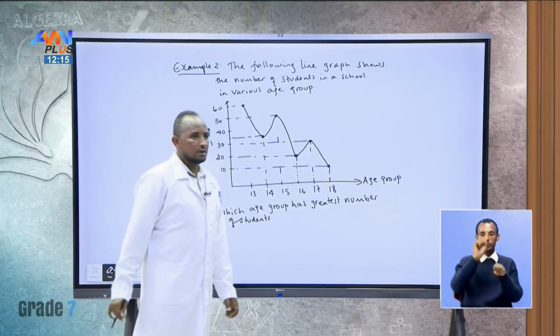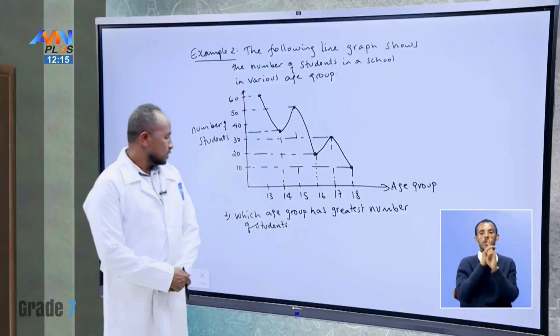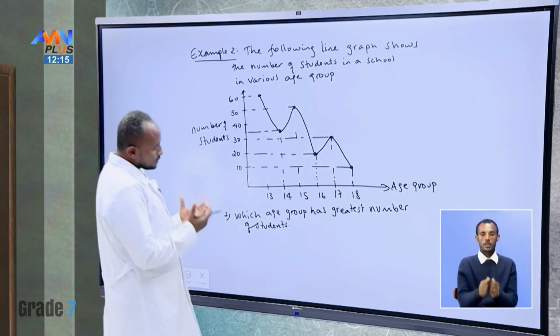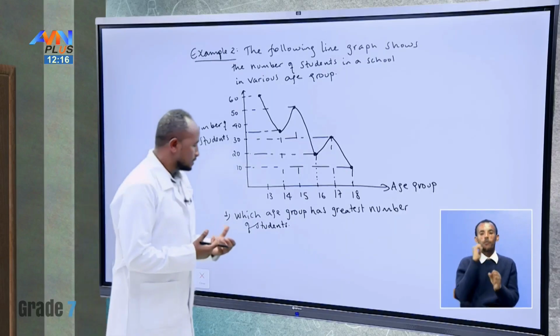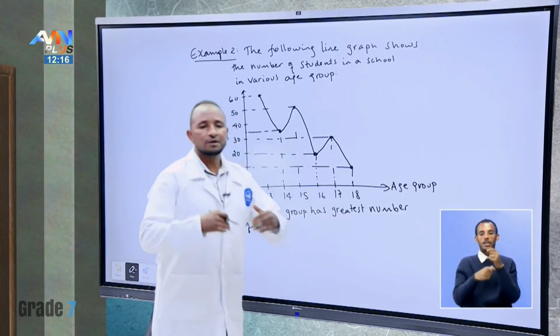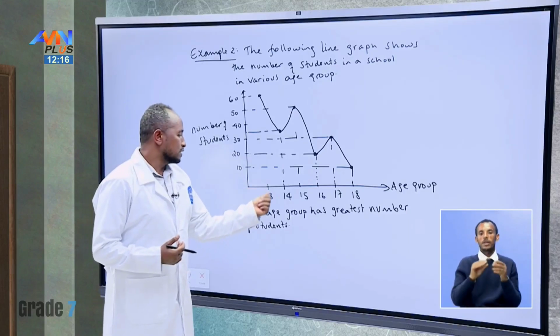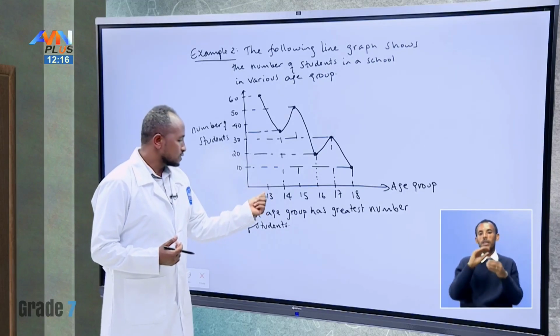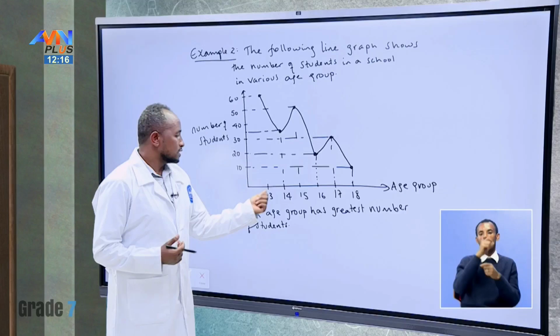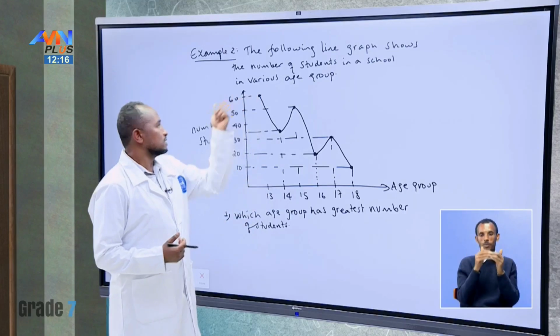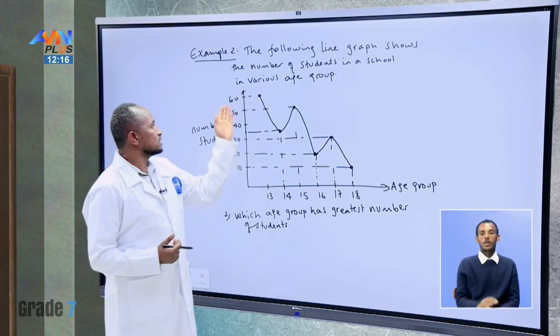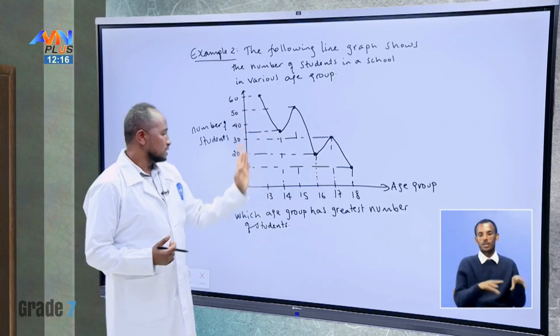So here, let's answer this question together. We are asked to find the age group having the greatest number of students. Look, here, the number of students whose age is 13 is 60. We have 60 students whose age is 13.